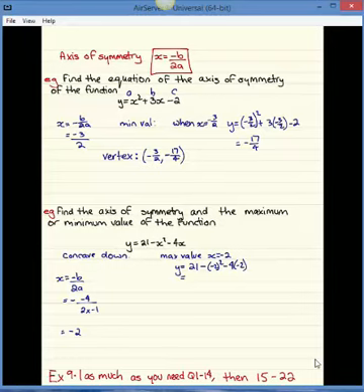And make sure you write this stuff out, guys. Don't try and go straight to the answer or skip the steps. Show the markers that you know what you're doing. All of that can go straight into your calculator and you end up with a value of 63. This is why being able to do it without graphing it is going to be very important, because who wants to draw a graph that goes all the way up to 63?